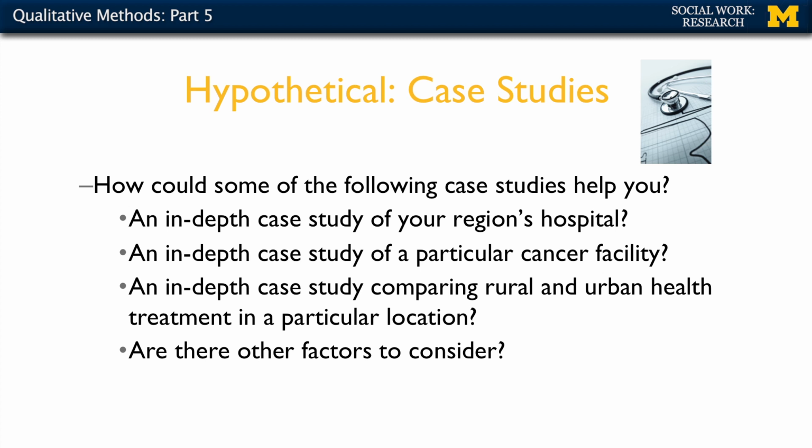You might also find a different case study that compares rural and urban health treatment in a particular location. It probably won't be your location, but nonetheless, it could provide rich information about why there might be this disparity generally between rural and urban, and why that might surface in that particular location, which might give you some insight about what might be driving some of the disparities here.